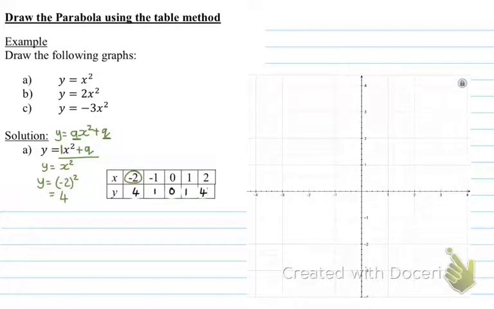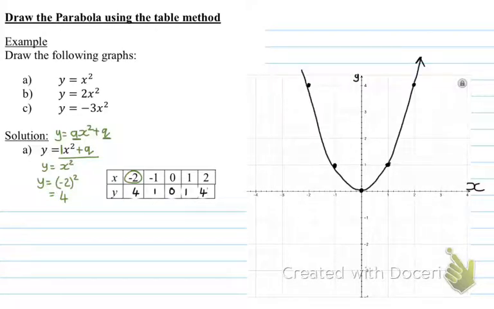Then I draw my set of axes, my y-axis, x-axis, and I plot at negative 2 and positive 4, negative 1 and 1, 0, 0, 1, 1, and 2, 4.